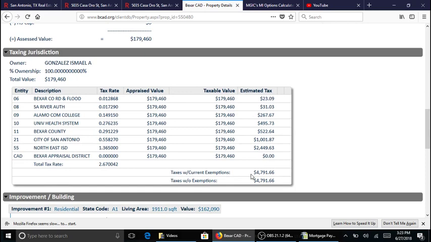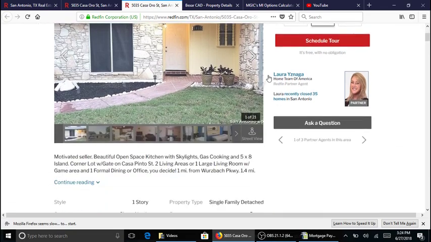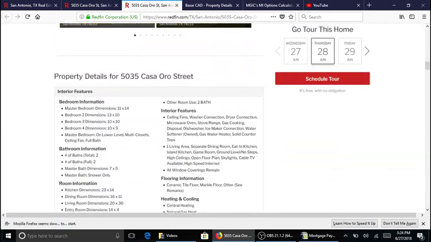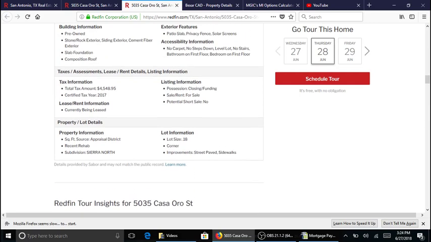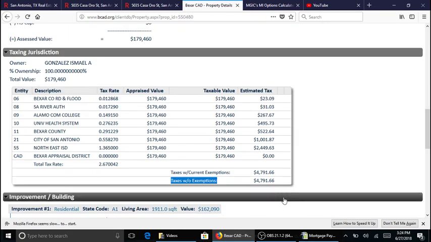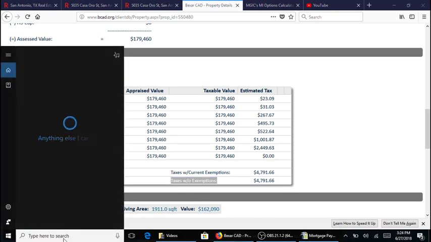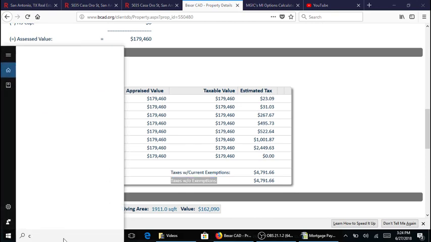But as you can see here, the property taxes here without exemptions is $4791.66. Okay, what did it say here when we found it? $45.95, but that was 2017. So taxes have gone up to $47.91. So let's go ahead and figure out that per month.